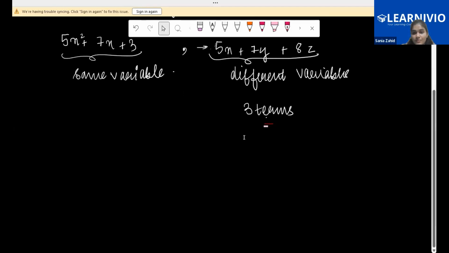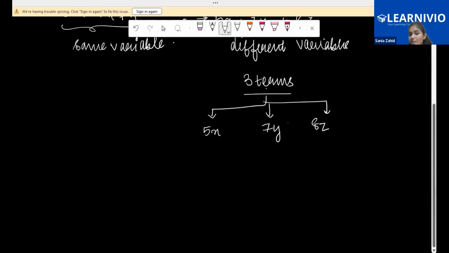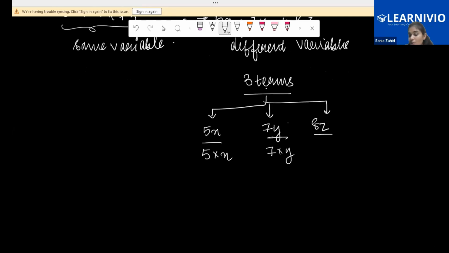These 3 terms are 5x, 7y, and 8z. Now, how are these terms formed? 5x is formed by multiplying 5 into x. 7y is formed by multiplying 7 into y. Then 8z is formed by multiplying 8 into z, right?